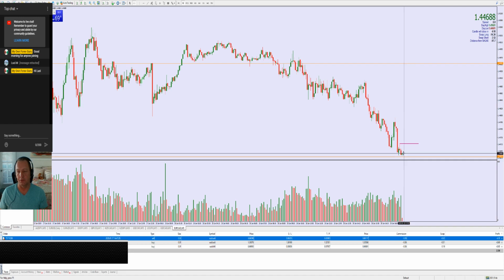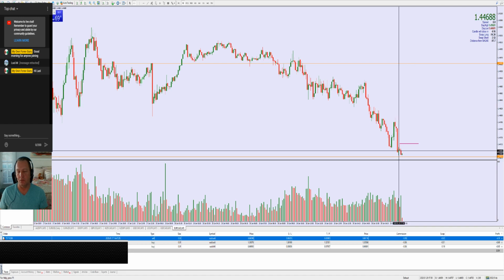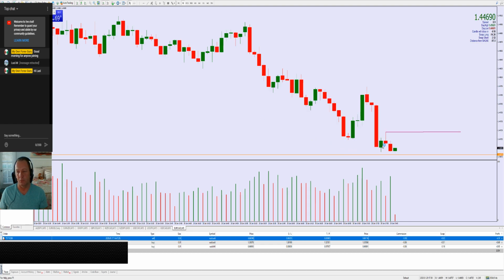All right, so we're still trading inside of this candle. Blow this up a little bit. We're still trading inside of this candle, so we don't have a new low, and here we have a bullish candle probably about to happen.